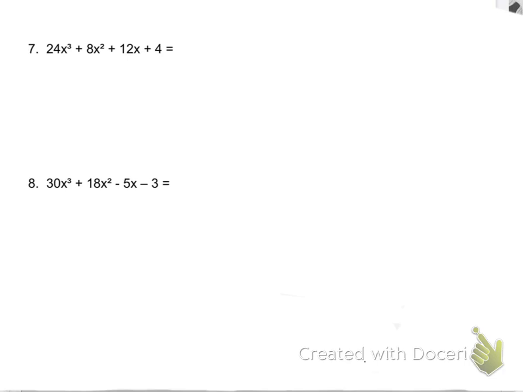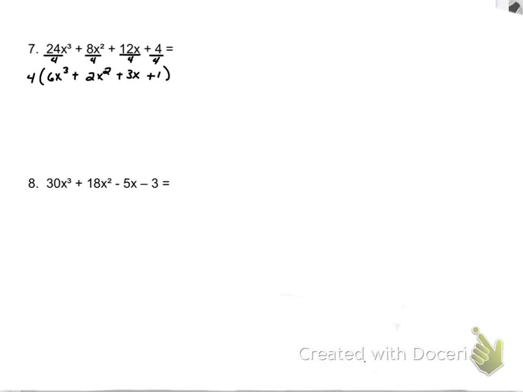Okay, so we're going to first factor out that 4. Every one of these numbers is divisible by 4. So you're going to factor out the 4, and that leaves you with 6x cubed plus 2x squared plus 3x plus 1.